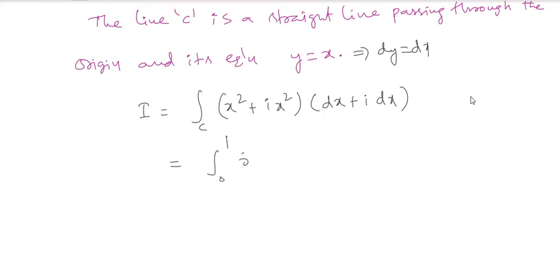Just simplify it. You will have x square into 1 plus i, then again 1 plus i into dx, so 1 plus i whole square. Again it is nothing but integral 0 to 1 of x square into 1 minus 1 plus 2i, using a square plus b square plus 2ab.